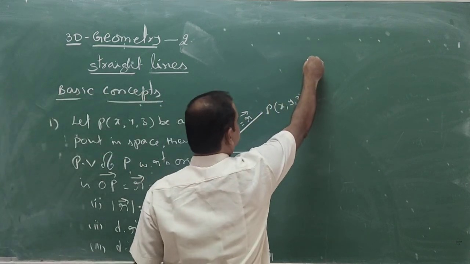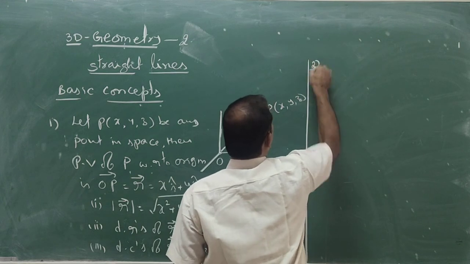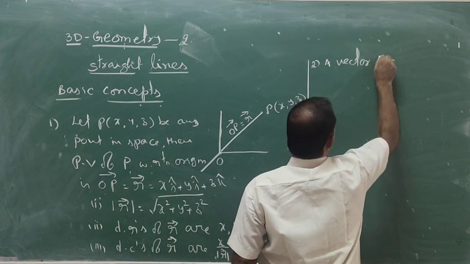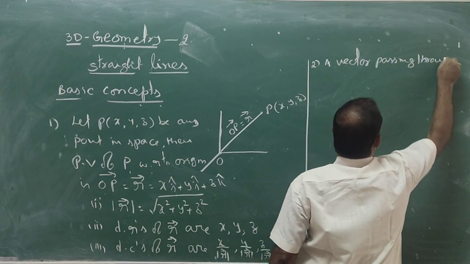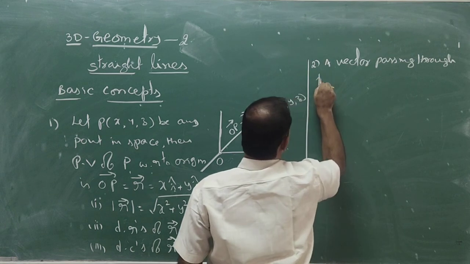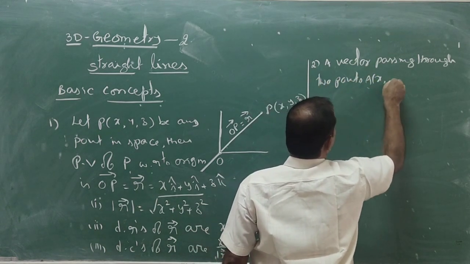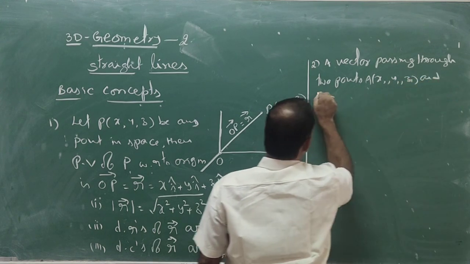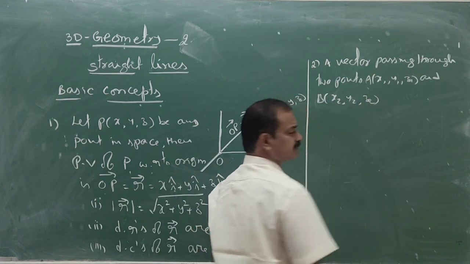Next, the second point is a vector passing through 2 points A of x1, y1, z1 and B of x2, y2, z2.